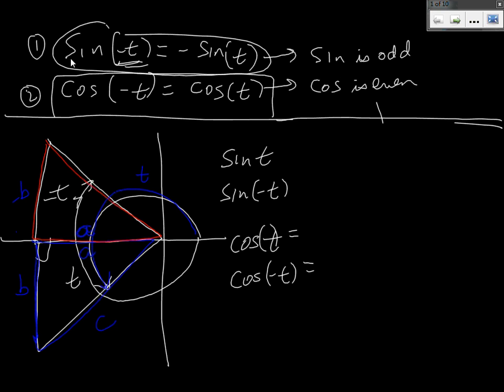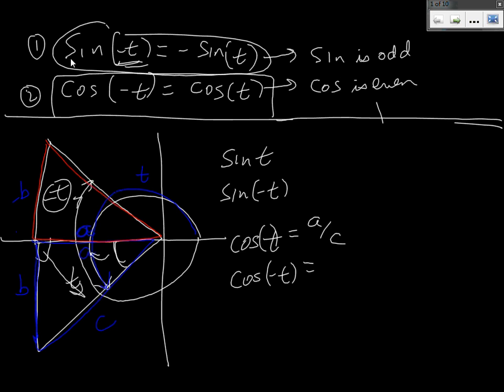It's in their lower triangle. And the cosine, for this angle, is the adjacent divided by the hypotenuse. It is A over C. The cosine of negative T, well, negative T ended up in quadrant 2 in the red triangle.